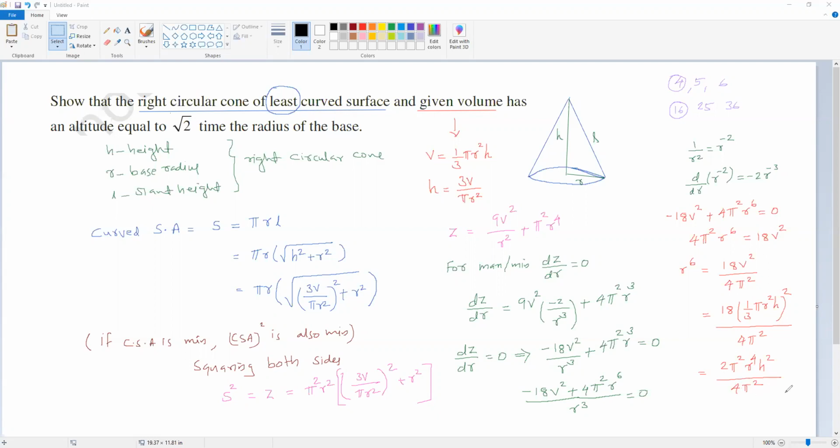Pi square gets cancelled. So you will get r to the power 6 is equal to r to the power 4 h square divided by 2. That implies r square is equal to h square by 2.